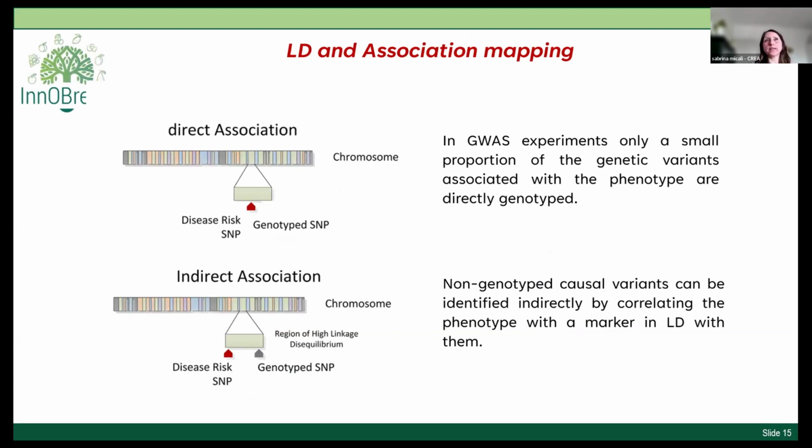In a GWAS experiment, we don't genotype all the SNPs. Of course, it would be unfeasible. So in this case, a proportion of the genetic variants is not genotyped.